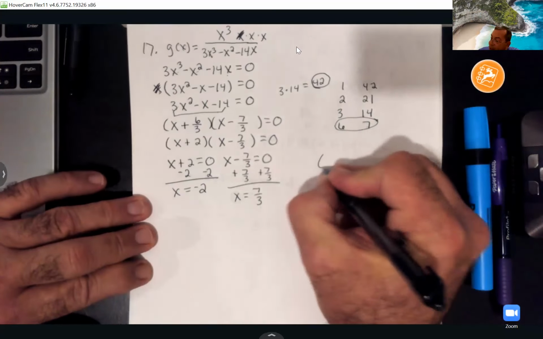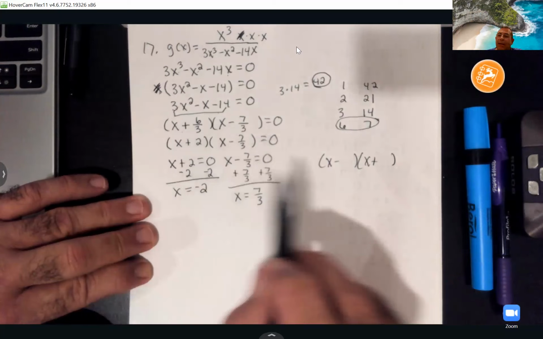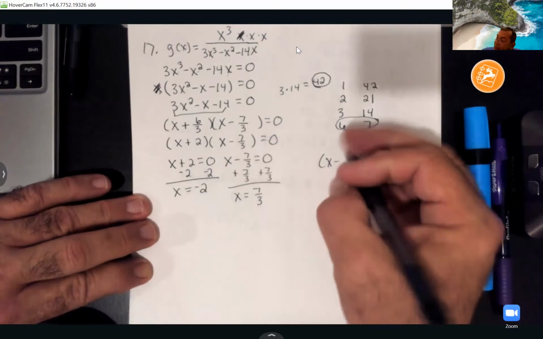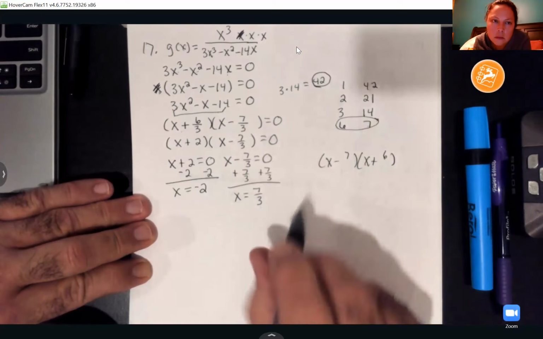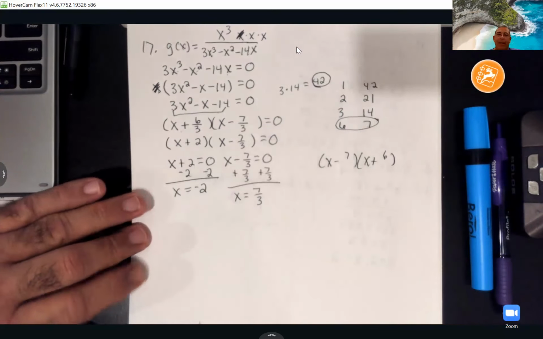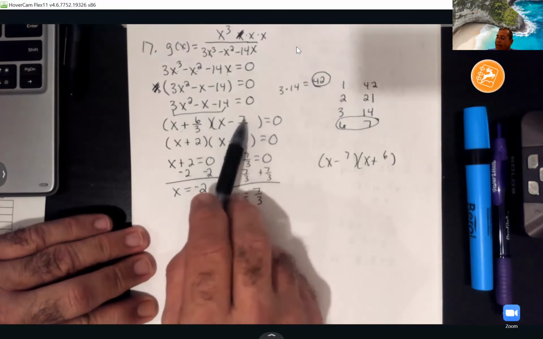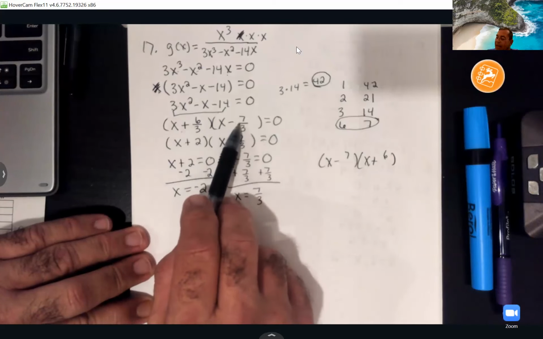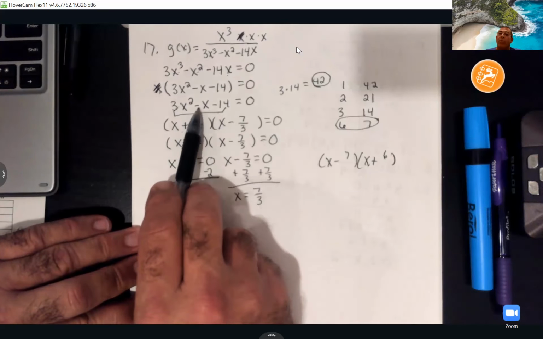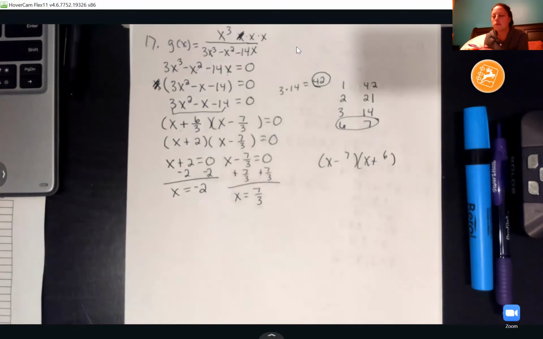But if I'd have done this, x minus and x plus, I always start plus minus in my head. But if I'd have put minus plus, then I'd have made my 7 first and my 6 second. It's just how you put your signs there, okay? That's the only thing I'm looking at. That -7 had to be negative, and the 6 had to be positive, because the -7 plus 6 equaled that -1. Okay. All right, y'all.